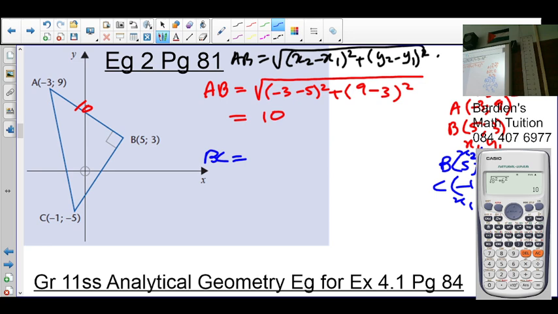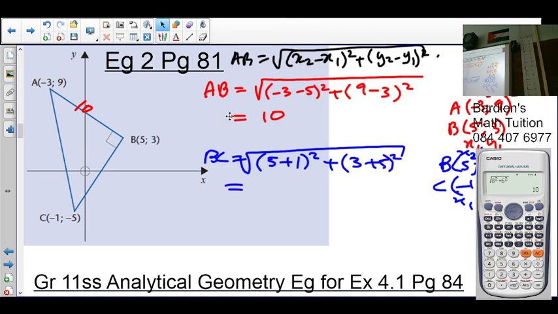That will be the square root of 5 minus minus 1, which becomes plus 1, squared, plus 3 minus minus 5, which is plus 5. You all agree with that? So 6 squared is 36, plus 64 is again 100, which is 10.